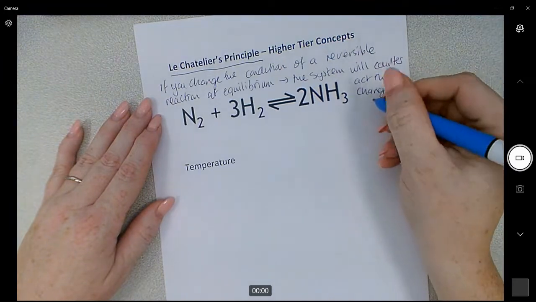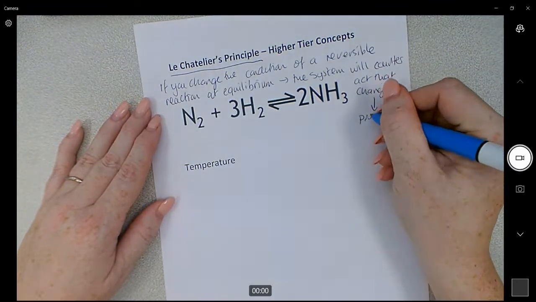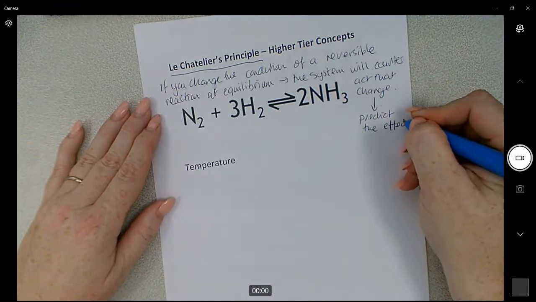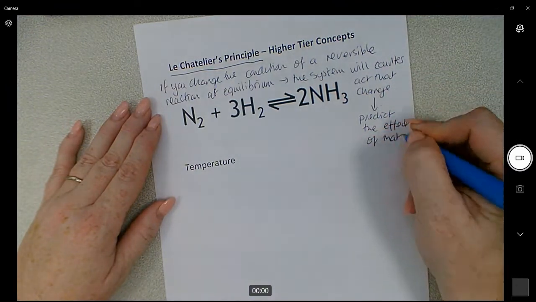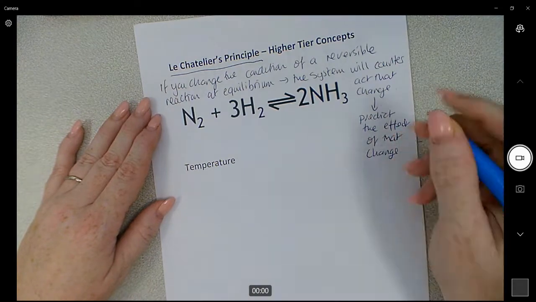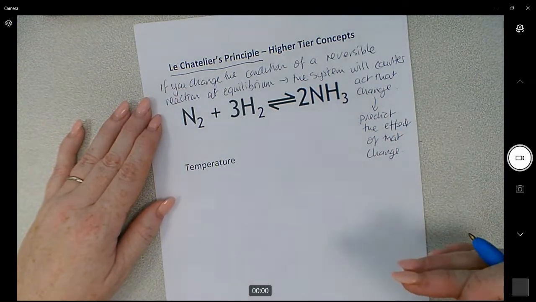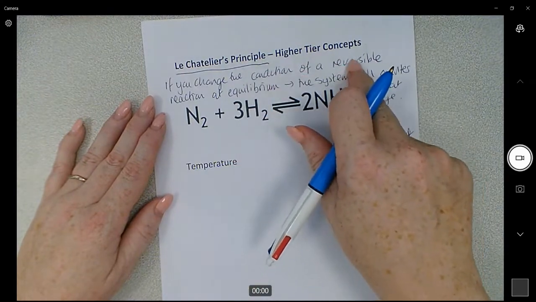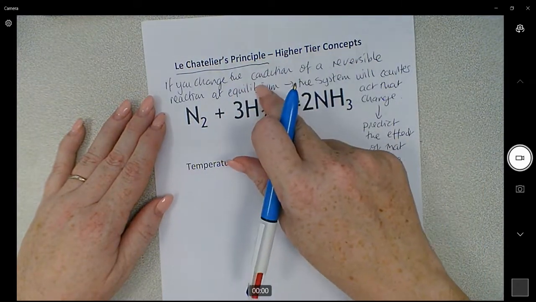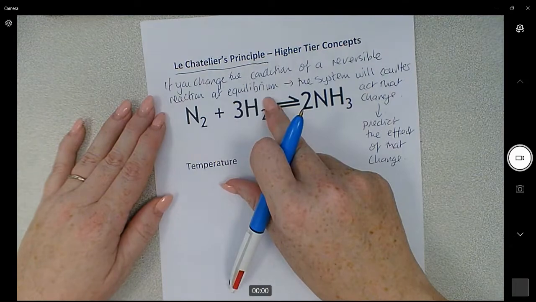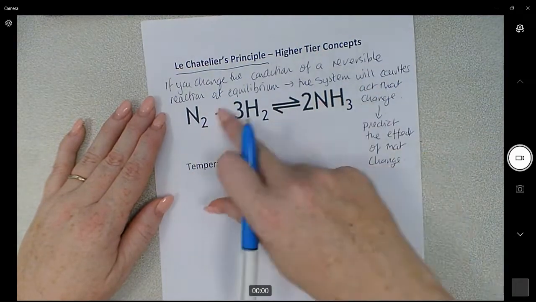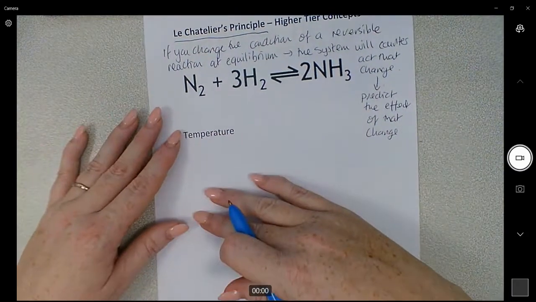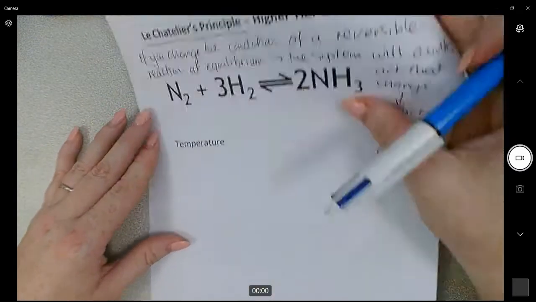And you are expected to then be able to predict the effect of that change. When we look at temperature, pressure, and concentration, we're going to be referring back to this concept. So if you change the conditions in a reversible reaction at equilibrium, the whole system will try to counteract that change. I'll look at temperature with you first to explain what we mean by that.